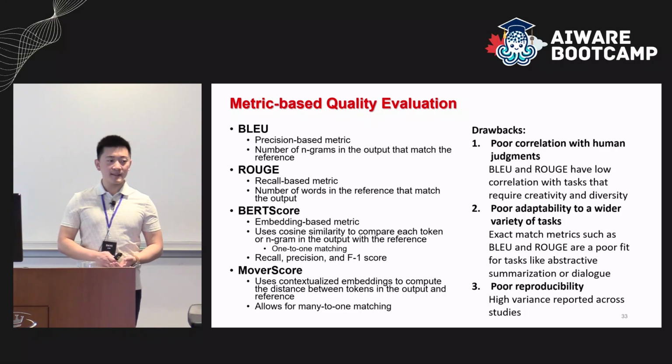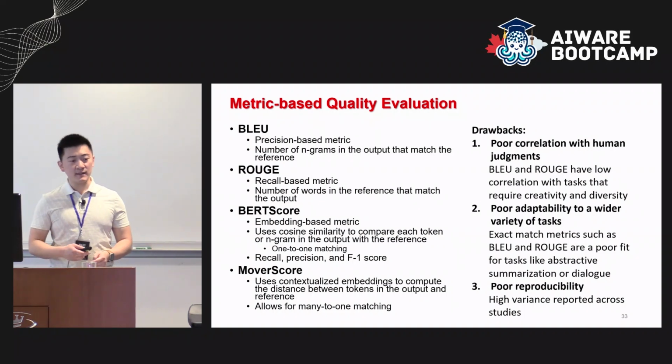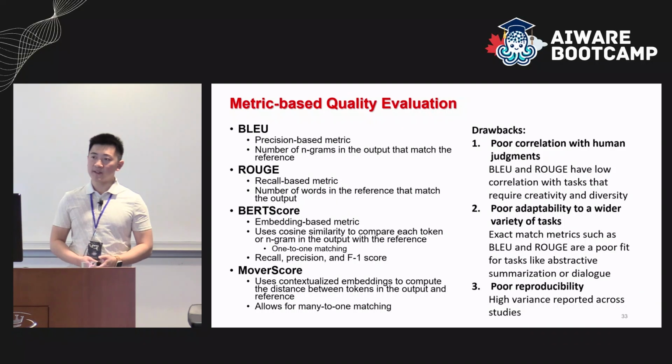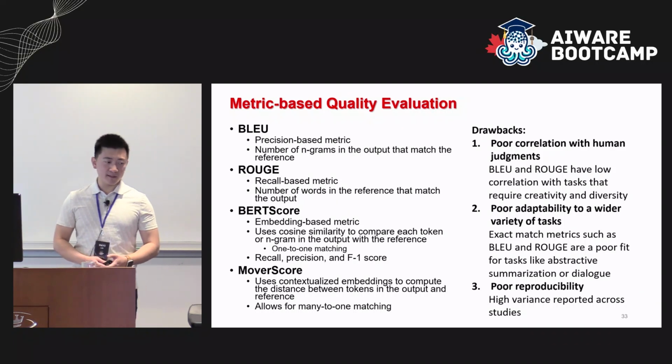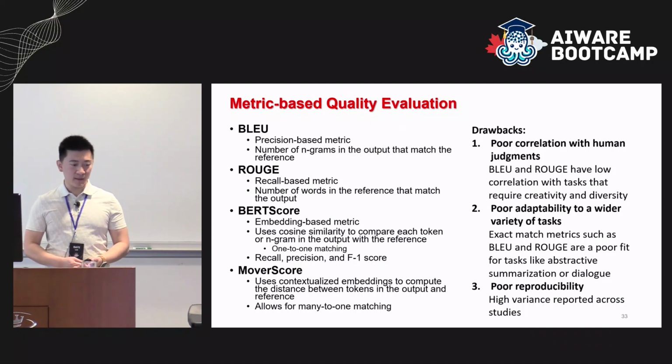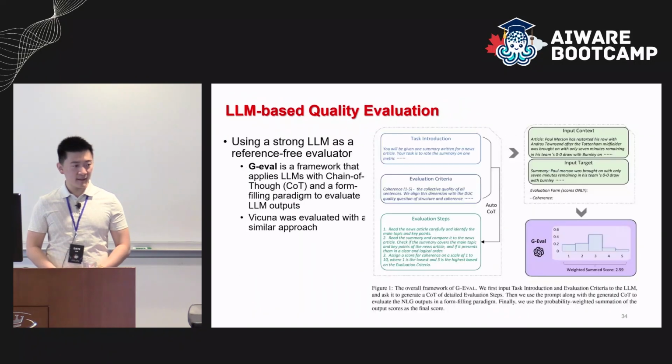But we've seen that this kind of language-level metric does not really correlate much with human judgment of whether an output is good or not. It also cannot be easily adapted to a wide variety of different tasks. And finally, it still suffers from the problem of reproducibility, especially across different studies.